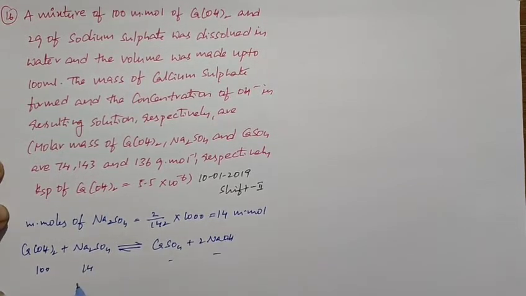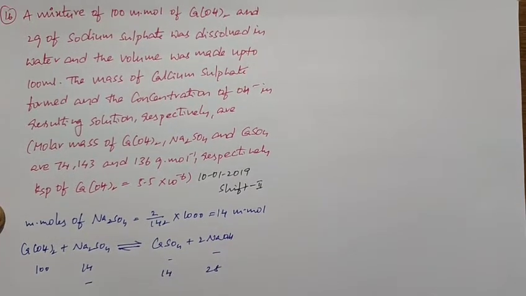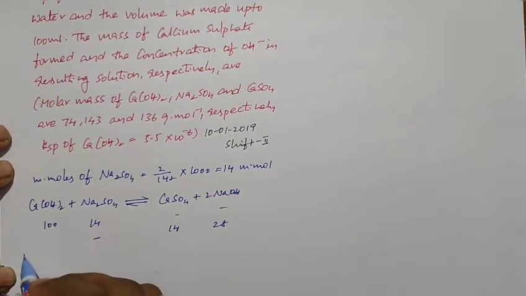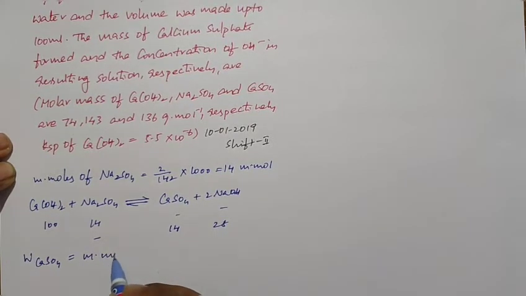So here sodium sulfate is acting as the limiting reagent. After consumption, 14 millimoles can be consumed. So we get calcium sulfate as 14 millimoles, and sodium hydroxide, 2 moles, we get 28 millimoles.